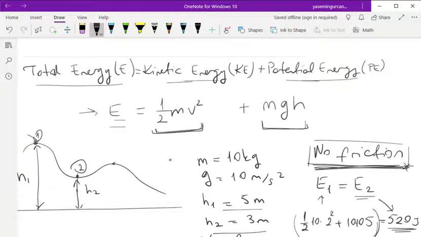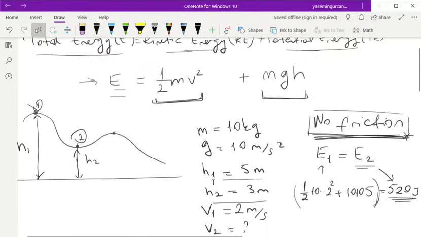But they change in a way that they compensate each other, and the total energy is going to stay the same. Whatever point you pick, you do this calculation 1/2 mv squared plus mgh, and you're going to get the same number, which is 520 joules, at any point. That's what energy conservation means.